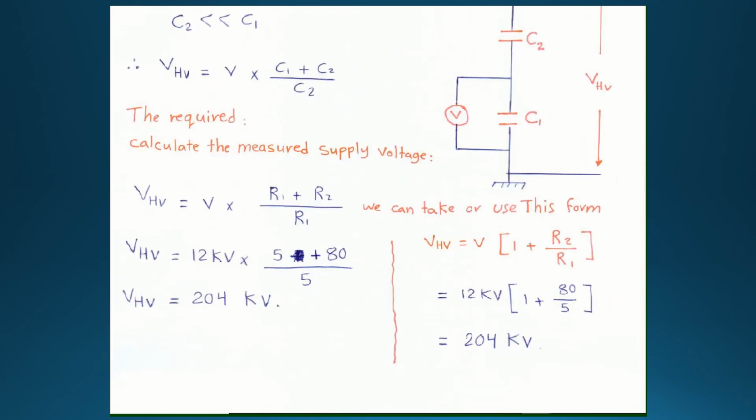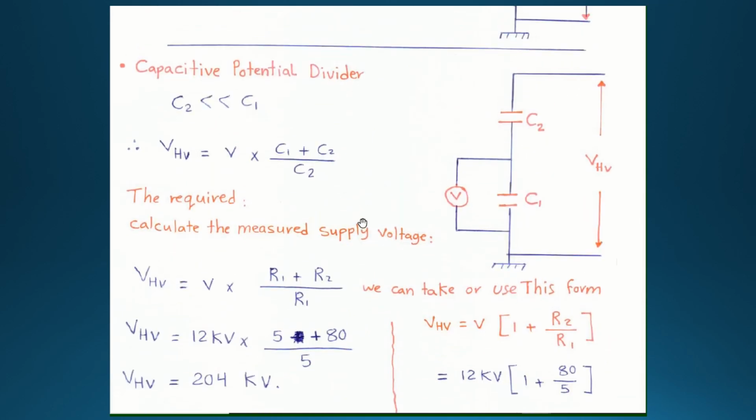Let's see the circuit diagram for the capacitive potential divider. C2 is always smaller than capacitor 1, because C1 will always be the charging capacitor. So this is the circuit diagram.